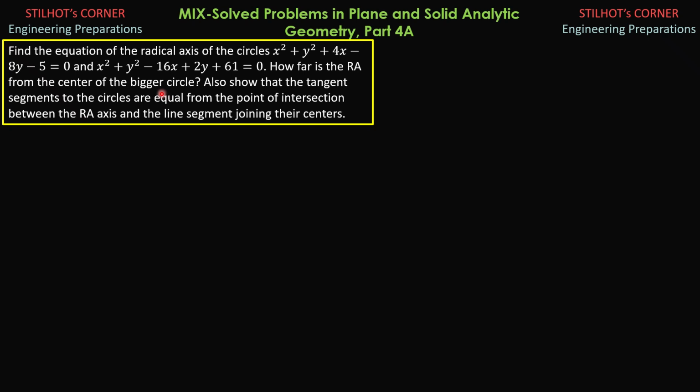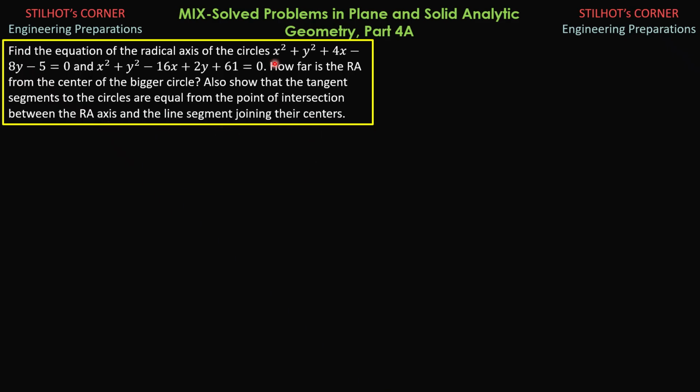This is a must so that we can show that the length of the tangent segments to the two circles from the point of intersection between the radical axis and the line segment joining their centers would be equal.